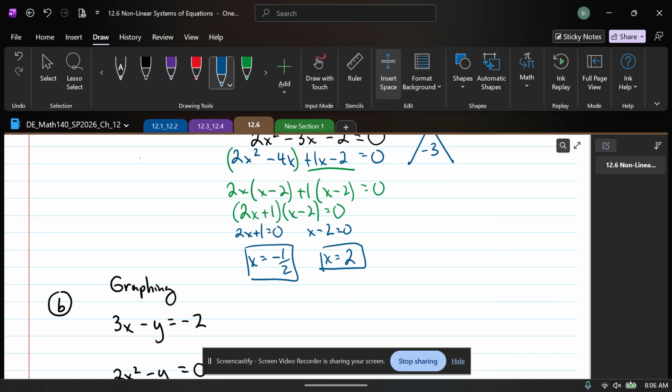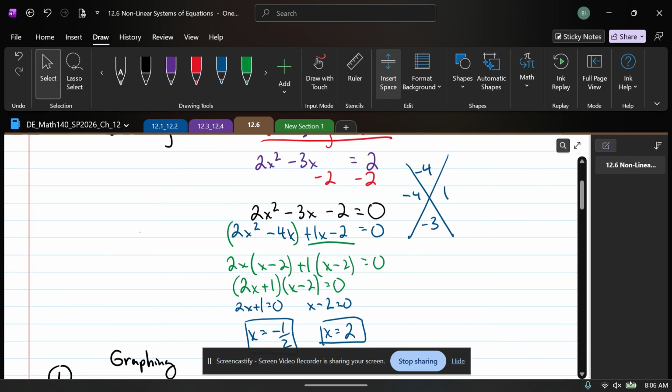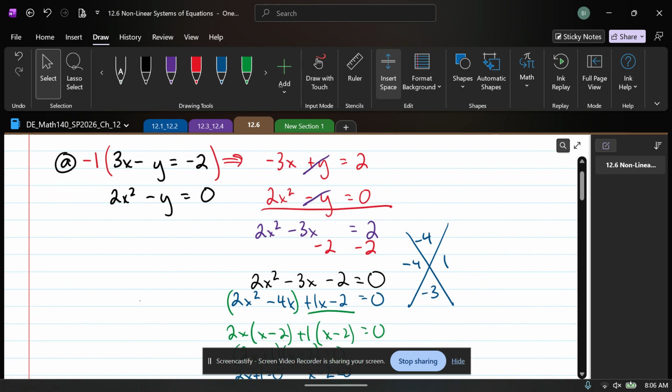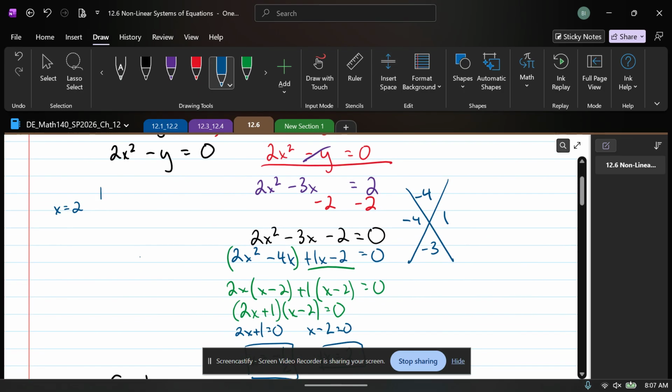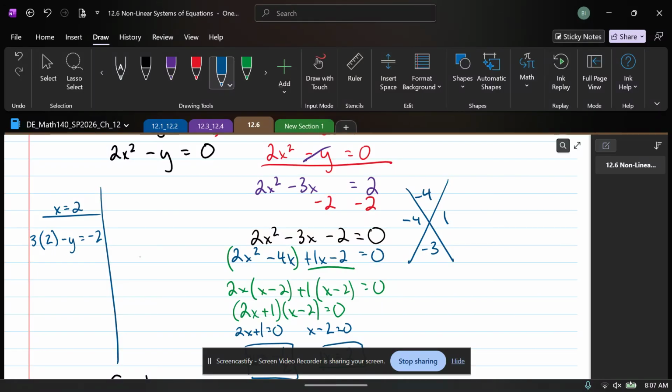So that means when I go to work this and get my solutions, I should have 2 different y values as well. So I'm going to take those and pick one of those equations to plug into. It doesn't matter which one, but I'm going to pick the easiest one, which would be the one that doesn't have the exponents in it, right? That's a lot easier. So when x is equal to 2, I'm going 3 times 2 minus y equals -2.